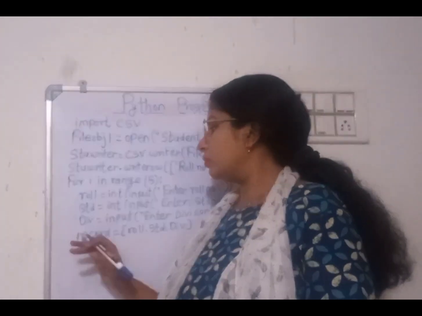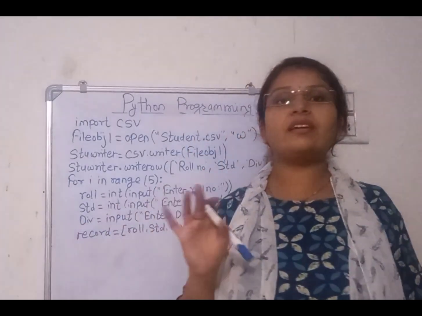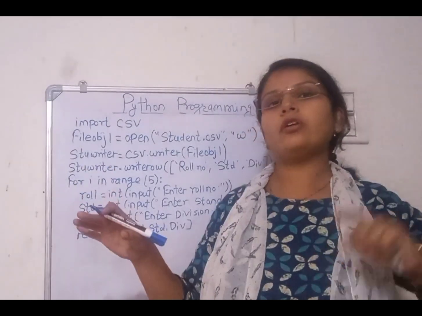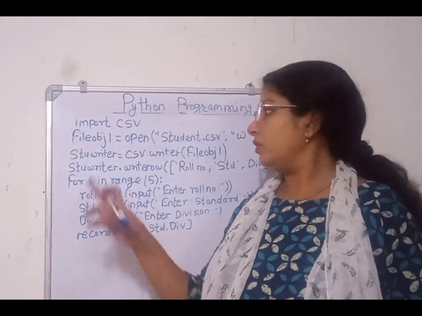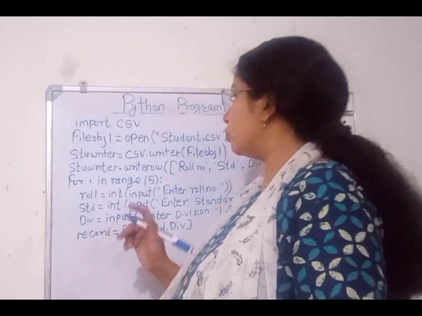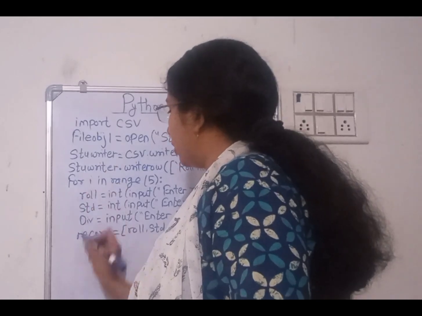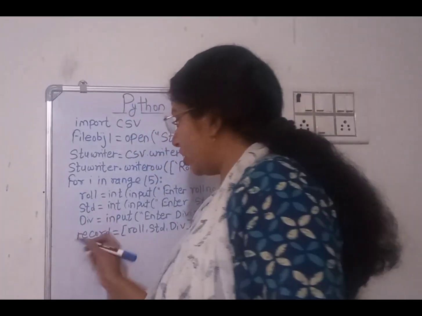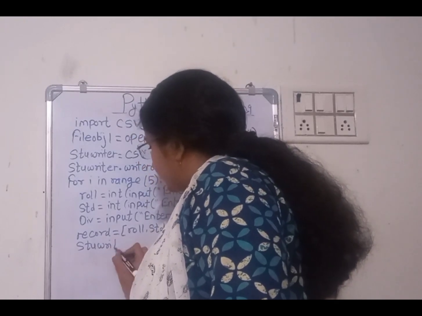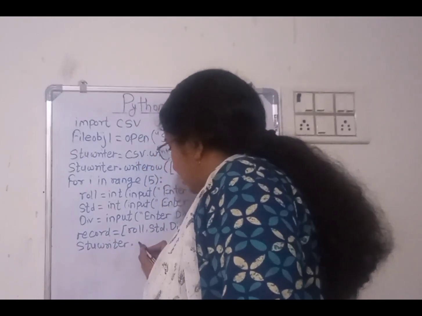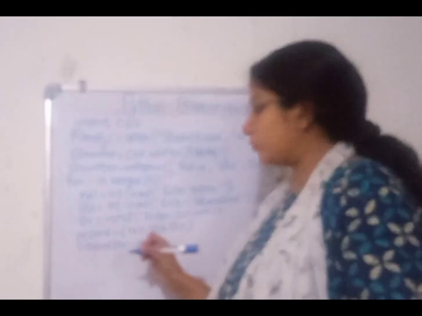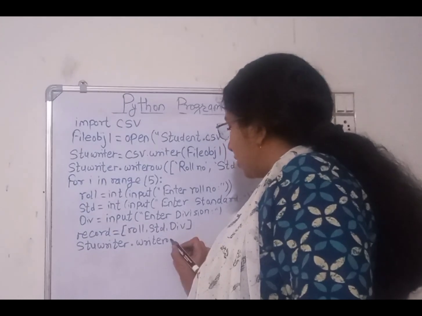Now this record is the data object which is ready. You are writing this record to your CSV file using the write row method. So how do you write this? Your STU writer, your writer object, dot write row, because you are writing row by row, one by one.